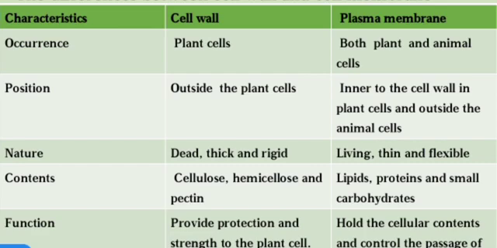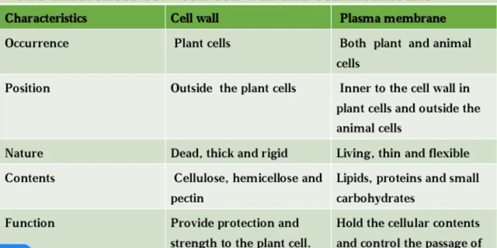So this is about the differences between the cell wall and the cell membrane. Students, in this class we discussed the introduction of the cell wall, the process of plasmolysis, the function of the cell wall and the differences between the cell wall and the cell membrane.